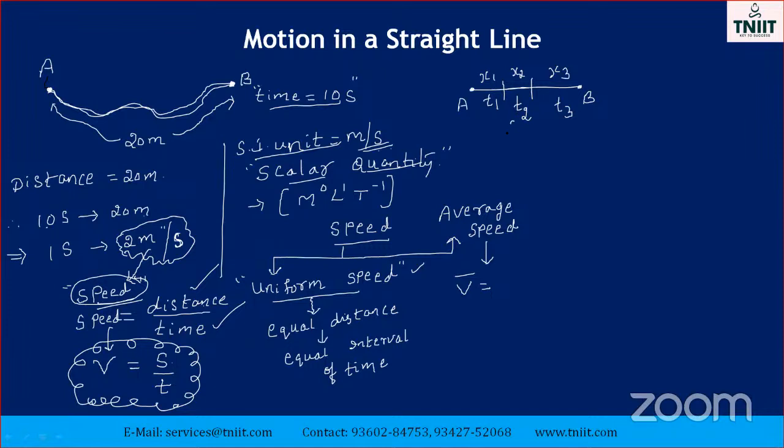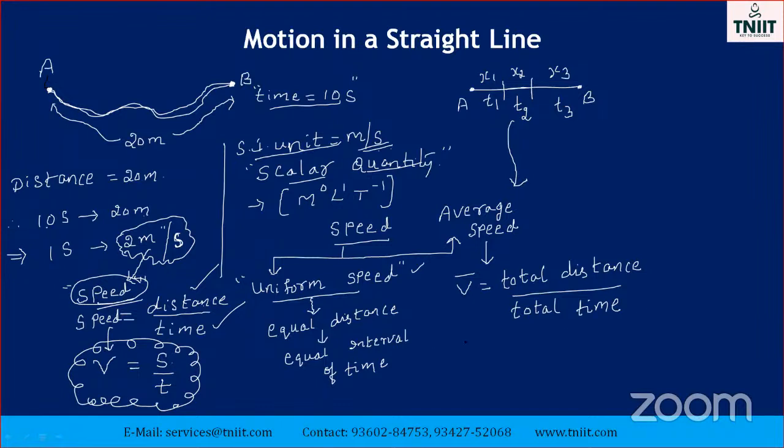The average speed for this case is given by the total distance. Average speed is nothing but what? The total distance divided by the total time taken.